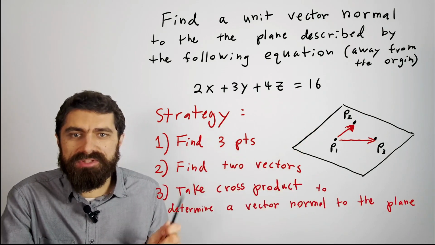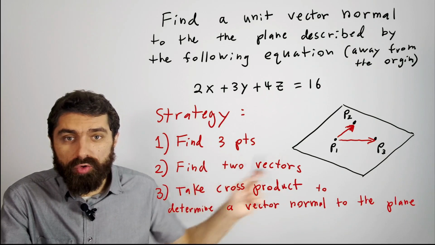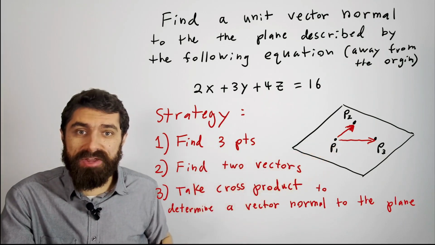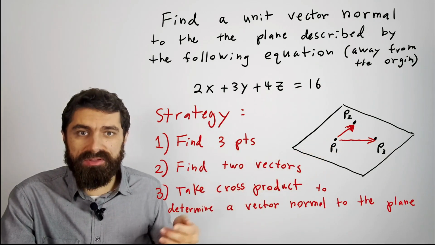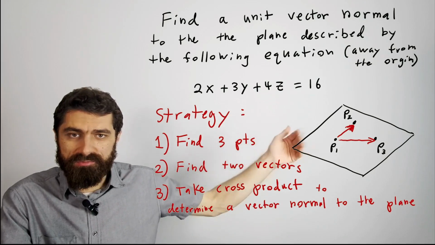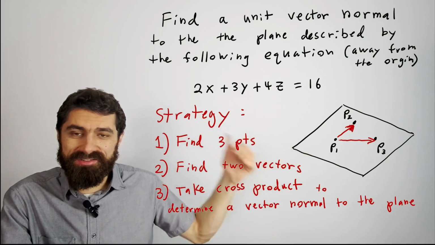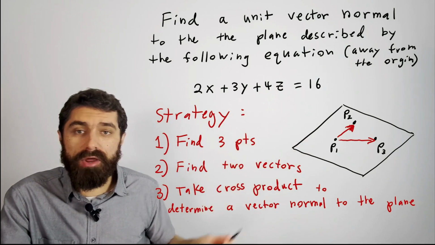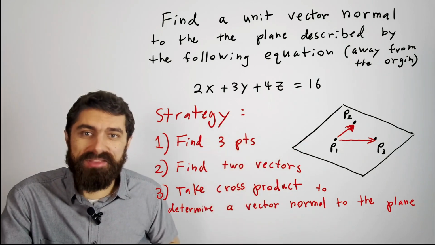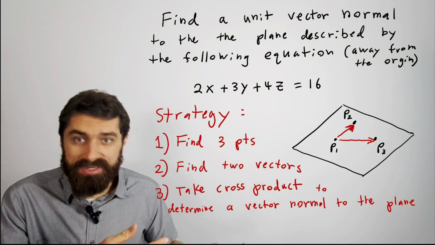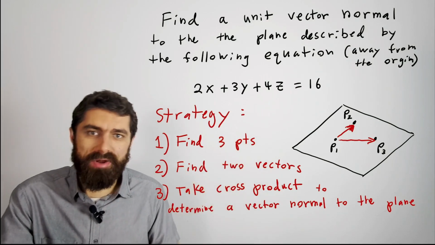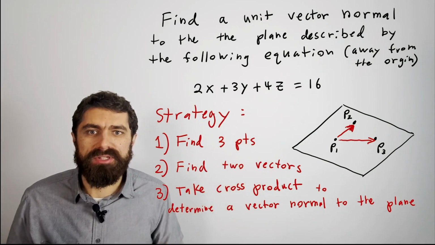And then as a third step, if we take the cross product of these 2 vectors, based on the right-hand rule, we can find out what a vector normal to the plane is. And then from there, we can normalize the vector so that it has a magnitude of 1. So that's the general approach we'll be taking.